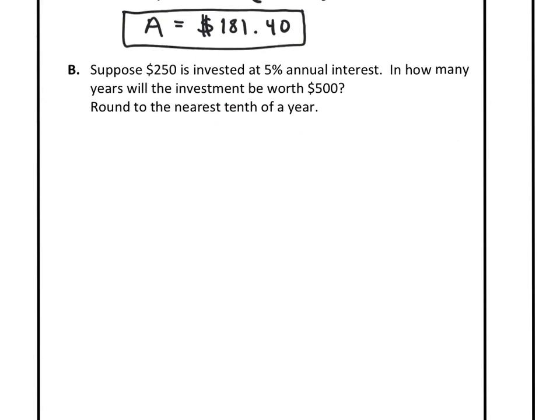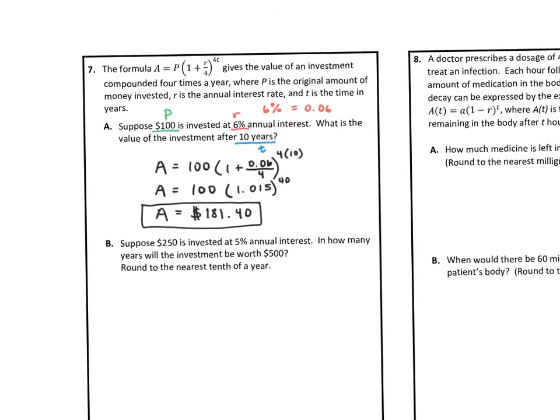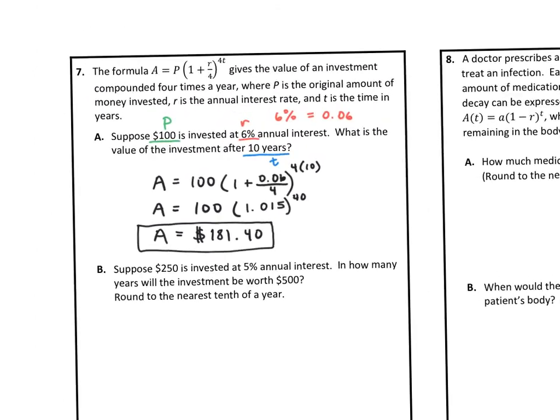Now, part B, what I want to mention here is that part B is different than part A. Part A is also an annual interest rate, but it's compounded 4 times a year. This one on part B is compounded every year, annually. So I don't need to deal with the 4 that we have here.